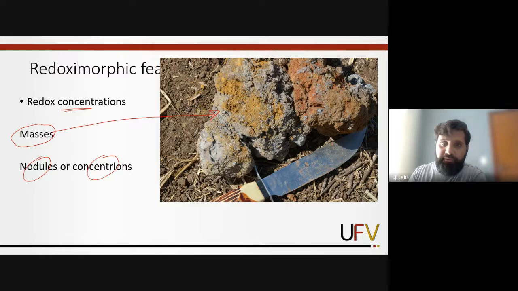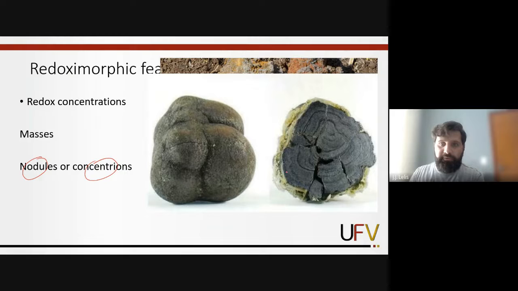These materials, these colors, are redoximorphic features that represent iron concentration in the soil, and because they are not cemented, they are masses, okay? And I can identify nodules or concretions. The nodules and concretions differ only by the internal shape.